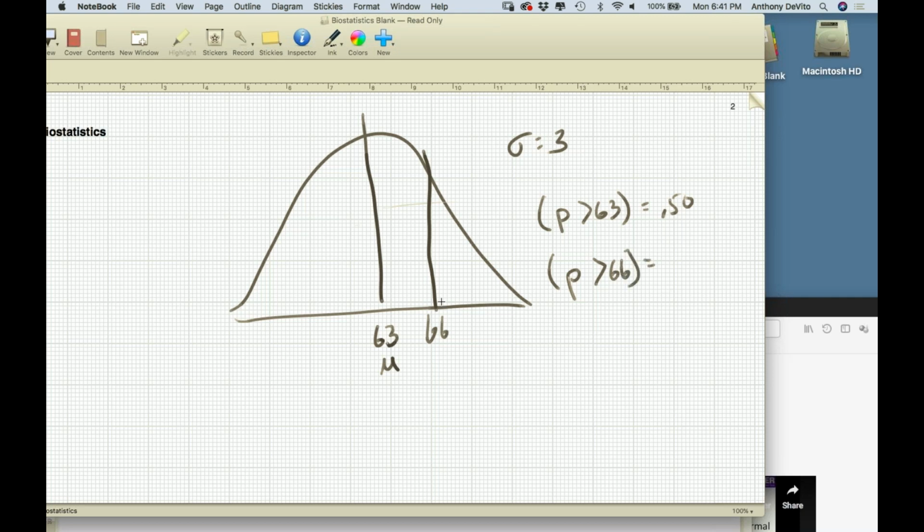Okay, what's that probability? Where's 66 inches? 66 inches is one standard deviation above the mean. I'm going to introduce another concept here, the idea of a z-score. The z-score is equal to the number of standard deviations from the mean.